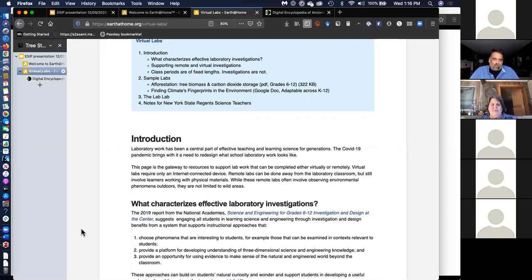PRI has multiple web pages, and we have some labs there, for example, on calculating how much carbon is sequestered in a tree, where you can look at different species of tree and measure their diameter at breast height and get an idea of how much carbon a particular tree, either on your school property or in your students' neighborhoods, is sequestering.